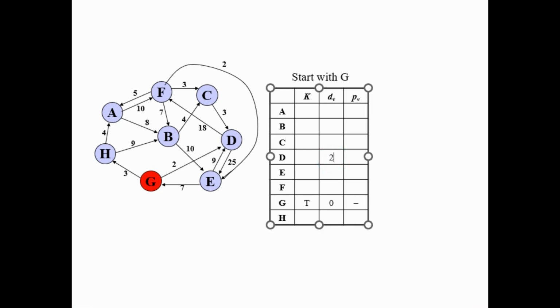And because we are coming from G, you can fill this column with G, because we are coming to D through G. Initially this is the value. Similarly for H we have distance 3. So the distance of the H column will be filled with 3, and we are coming via G, so this will be filled with G. This is how it works.